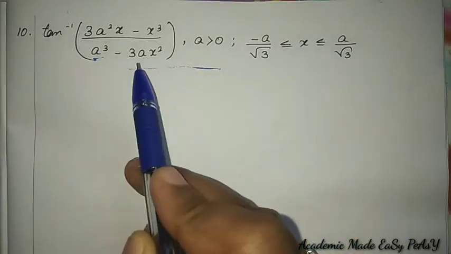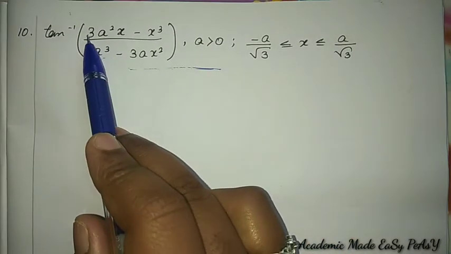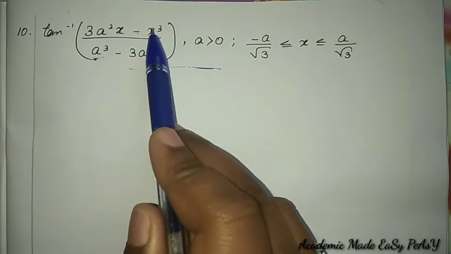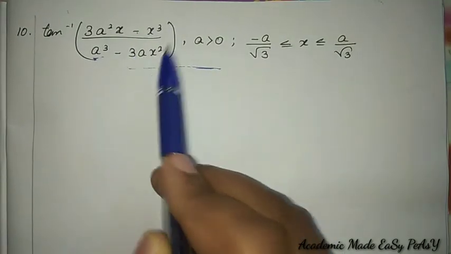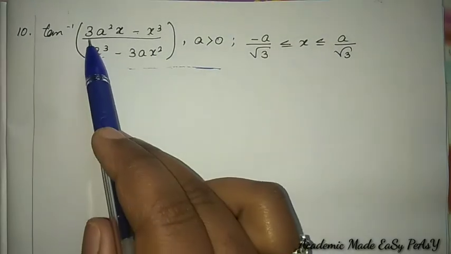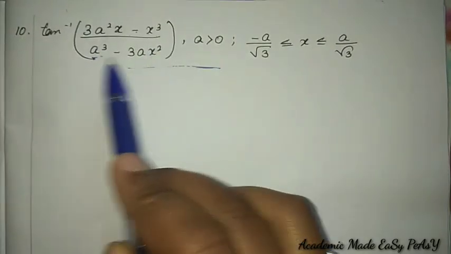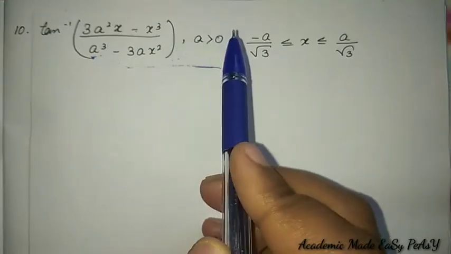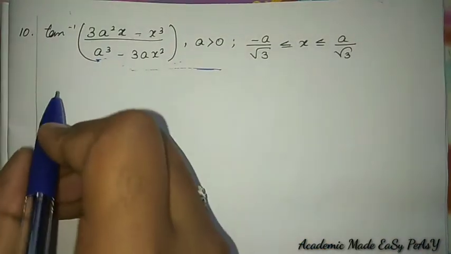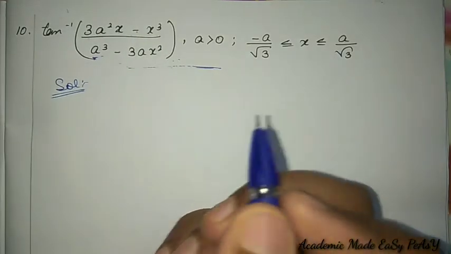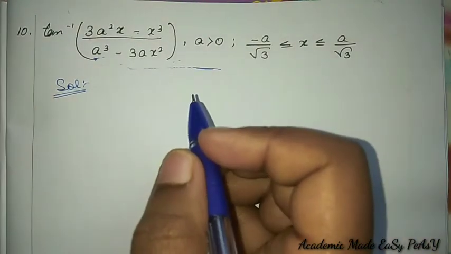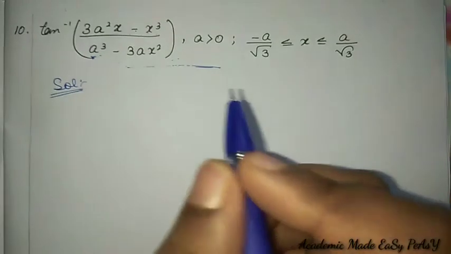See, this is of the form 3 tan x minus tan cube x divided by 1 minus 3 tan square x. If you just see the formula itself, we can identify which form it is in. It is directly given, the only thing is that we have to remove a. In order to remove a, we have to substitute in such a way.